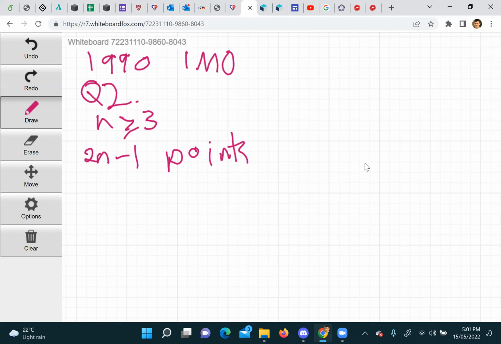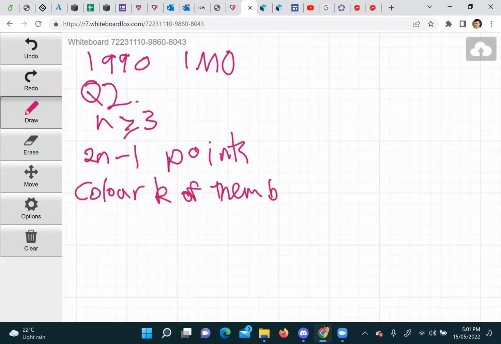And then they ask, can you color K of them black, and color the rest red?